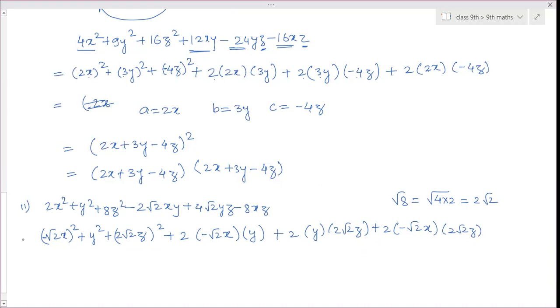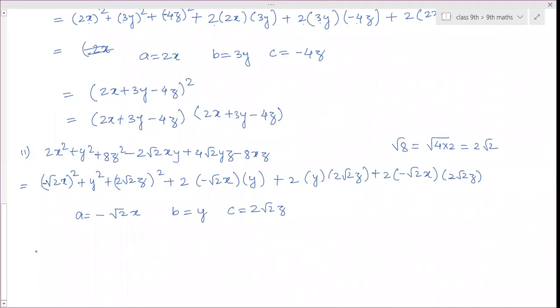Now whose square is this? What is the value of a then? Minus root 2x. B is equal to? y. And c is equal to? 2 root 2 z.